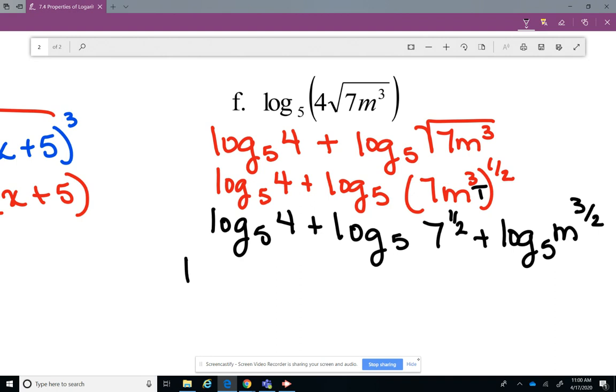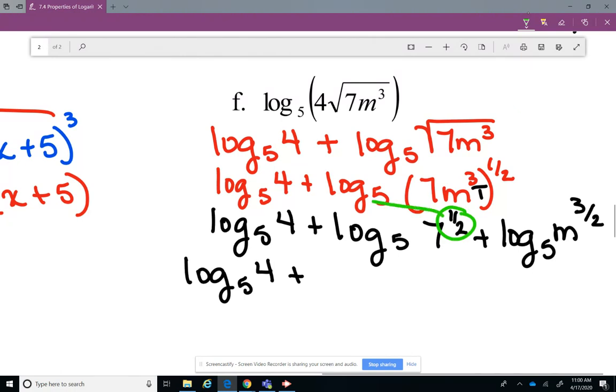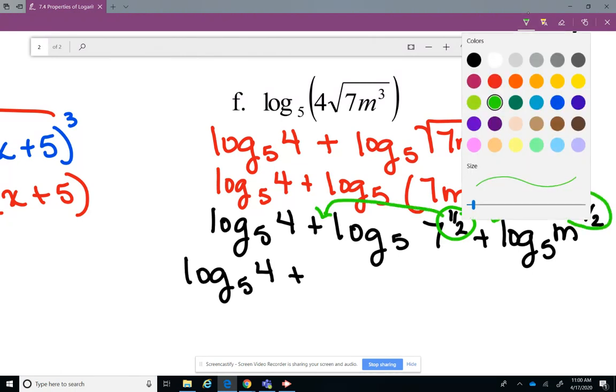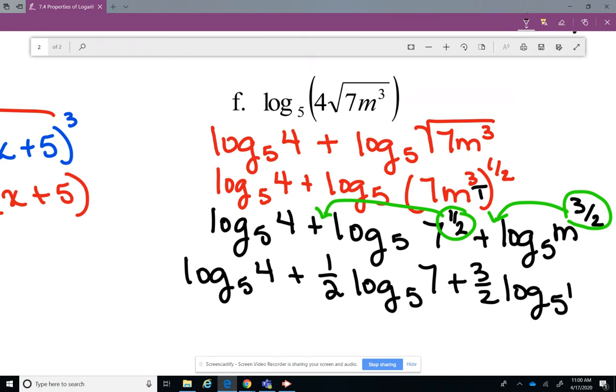All right, then you're going to put log base 5 of 4 plus log, oops, let me erase that, because we're going to take our exponent, you circle it in green, we're going to take it and we're going to put it in front and make them coefficients. And this actually takes away one extra step. So 1/2 log base 5 of 7 plus 3/2 log base 5 of m.